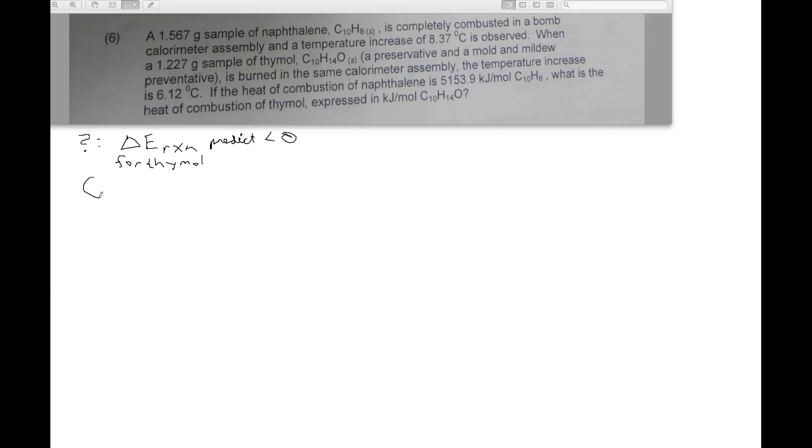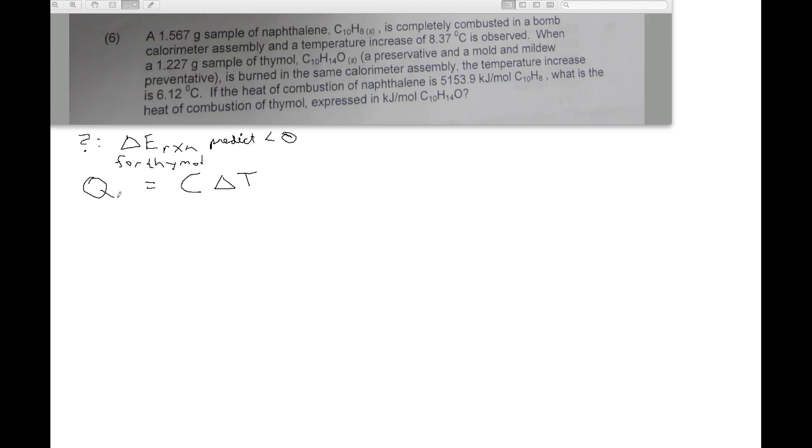Q equals MC delta T. One problem here is that they didn't give us specific heats or heat capacities. I'll give you a clue and say it would be better to use this equation. But they didn't give us the heat capacity of the calorimeter. That's true. But nevertheless, we'll see why in a second.